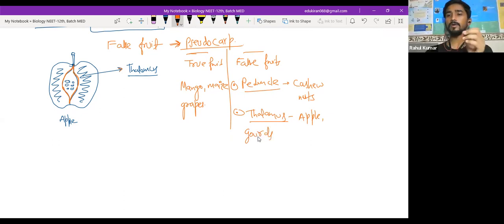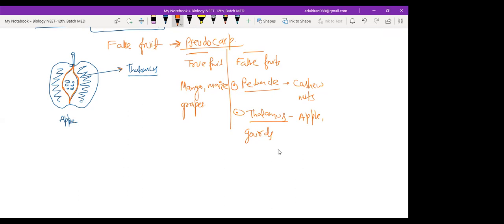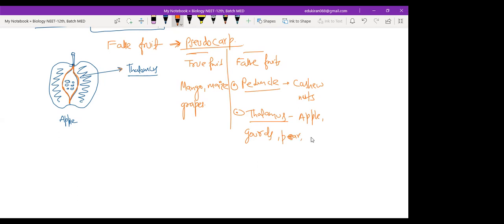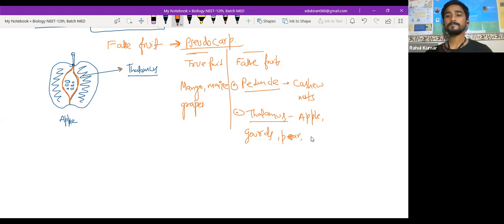Pear. Yes, strawberry is also a false fruit. Where are the seeds located on a strawberry? On the outer part, right? They are present like small, pimple-like things.